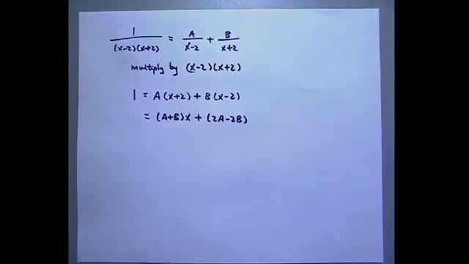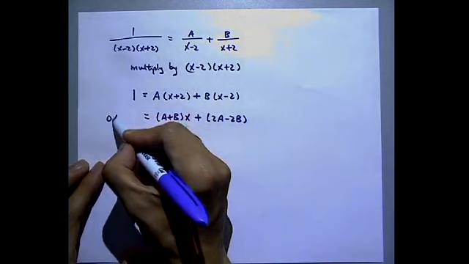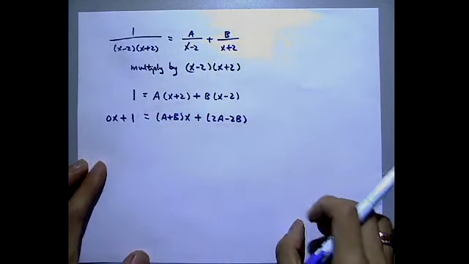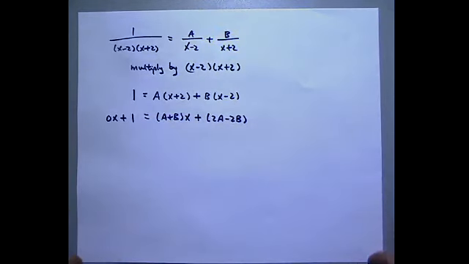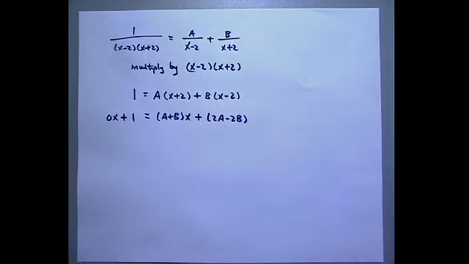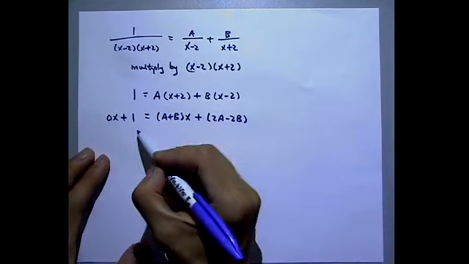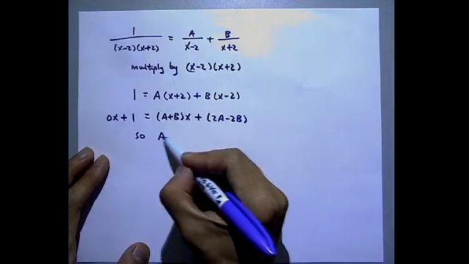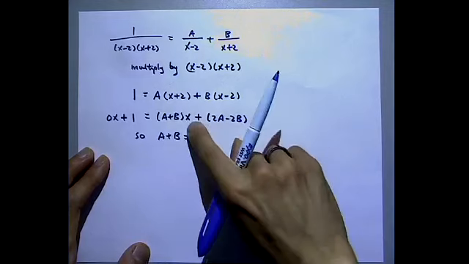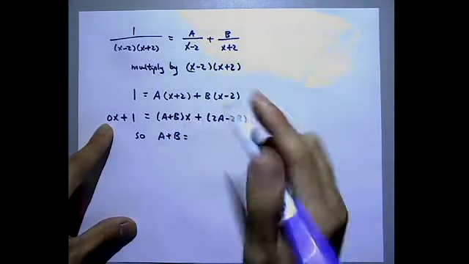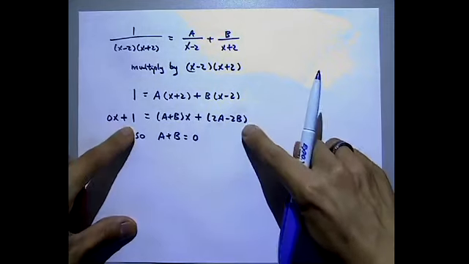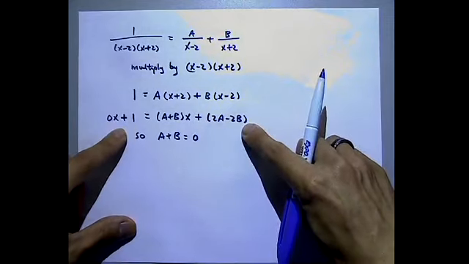And left side is 0x plus 1, right? So therefore, a plus b, the x term must be 0, and 2a minus 2b must be 1.